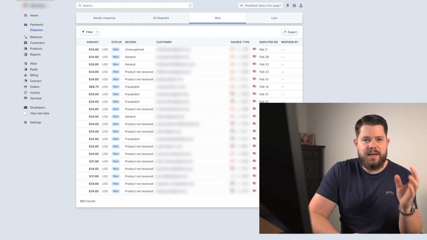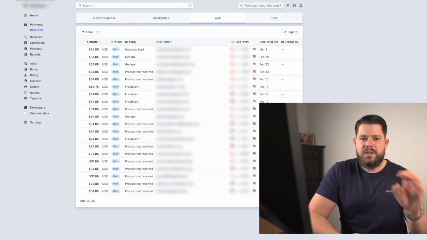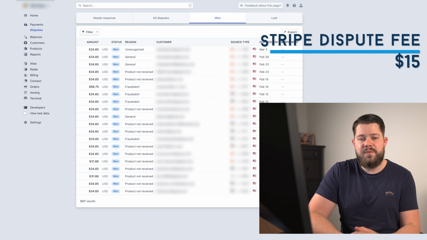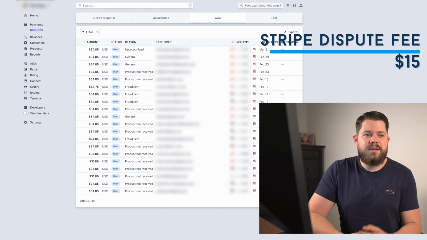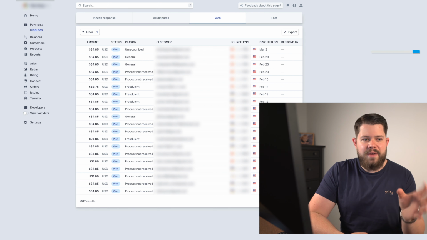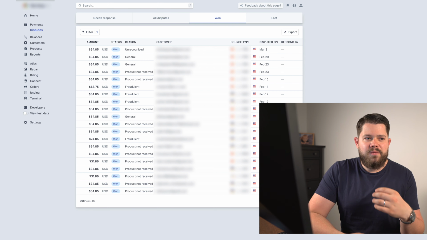So if somebody paid $45, you need to return $45. Plus, Stripe will charge you a $15 fee for each dispute as a penalty. So that means that you need to fight hard for every dispute, to win them.